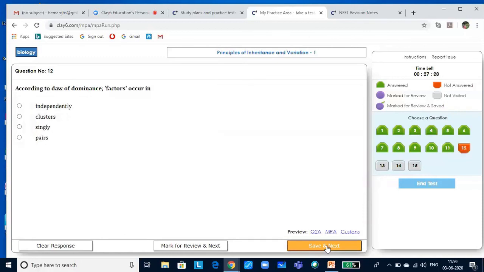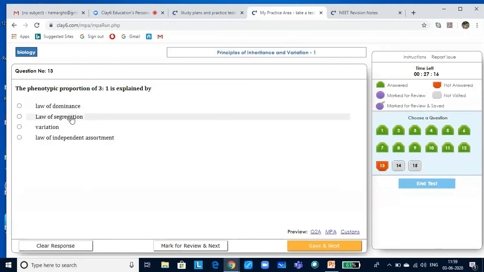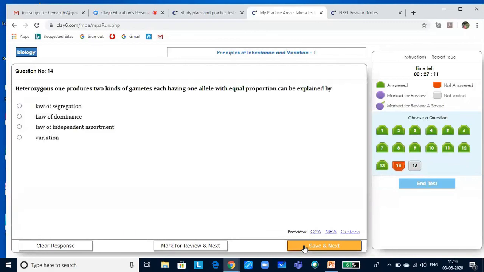According to the law of dominance, factors occur in pairs. The phenotypic proportion of 3 is to 1 is explained by law of dominance. I'm sorry, this is going to be the law of segregation. Heterozygous ones produce two kinds of gametes, each having one allele in equal proportions.